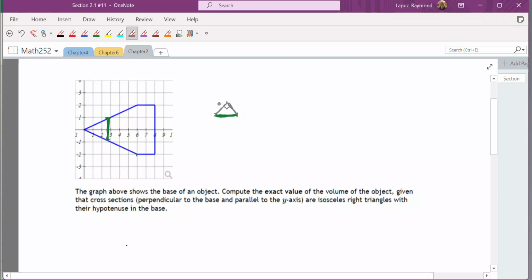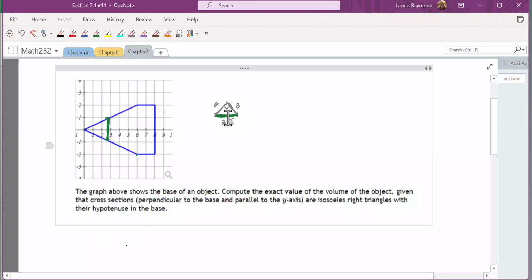So we know that if this is some value A and this is another value A, then as a right triangle with a 45, 45, 90 degree relationship, the hypotenuse is going to be A times the square root of 2. So if the side is 1, the other side is 1, then the hypotenuse is going to be square root of 2. If the side is 5, the other side is 5, the hypotenuse will be 5 square root of 2.